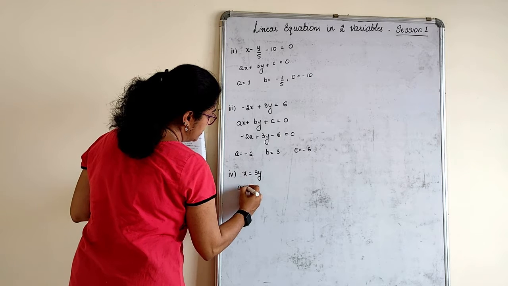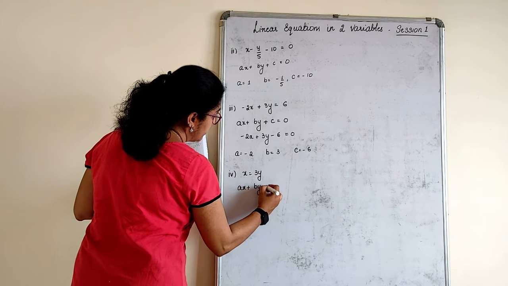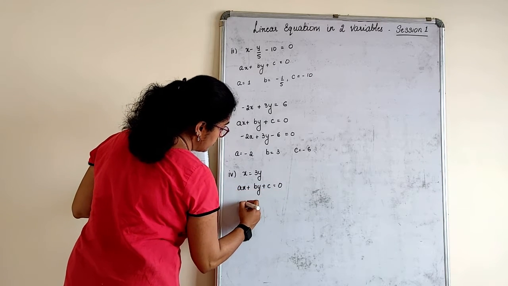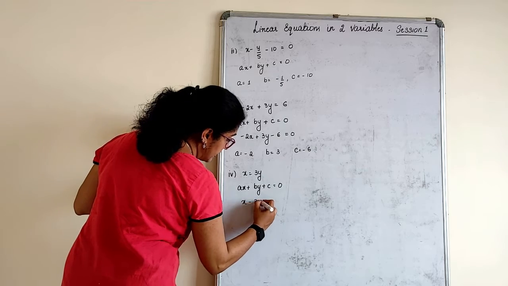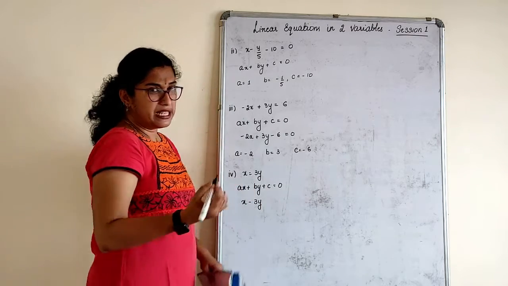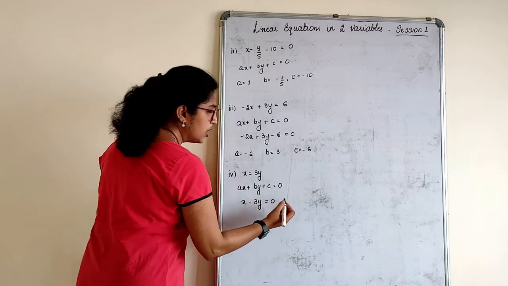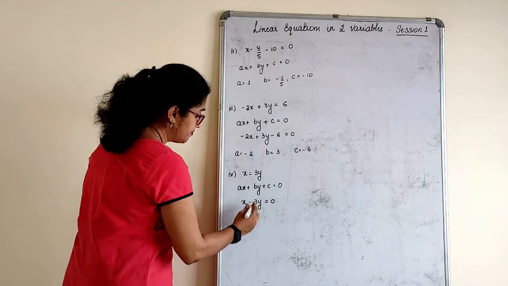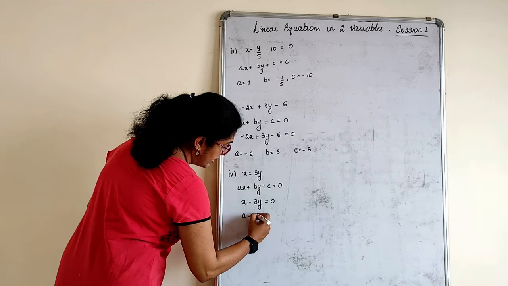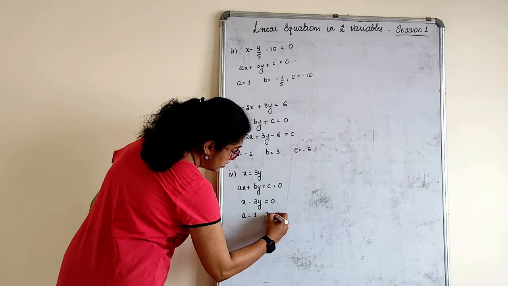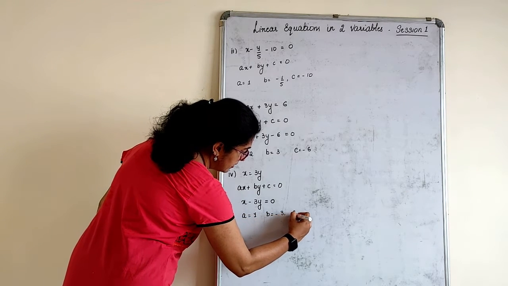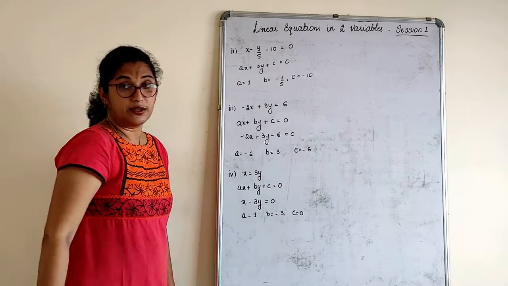The standard form is ax plus by plus c is equal to 0. x minus 3y plus 0 if you want you can write, or just equal to 0, where the c term is not there. Where a is 1, b is minus 3 and c is 0.